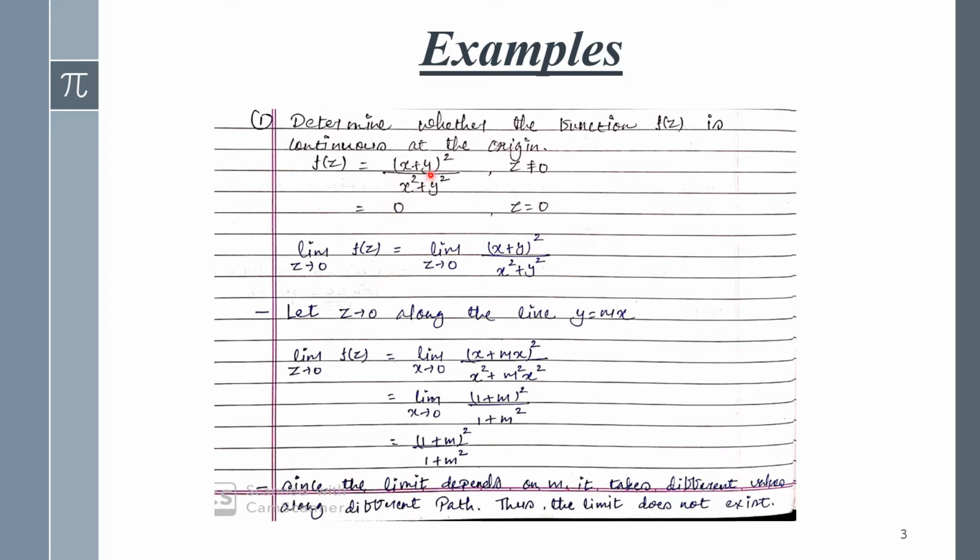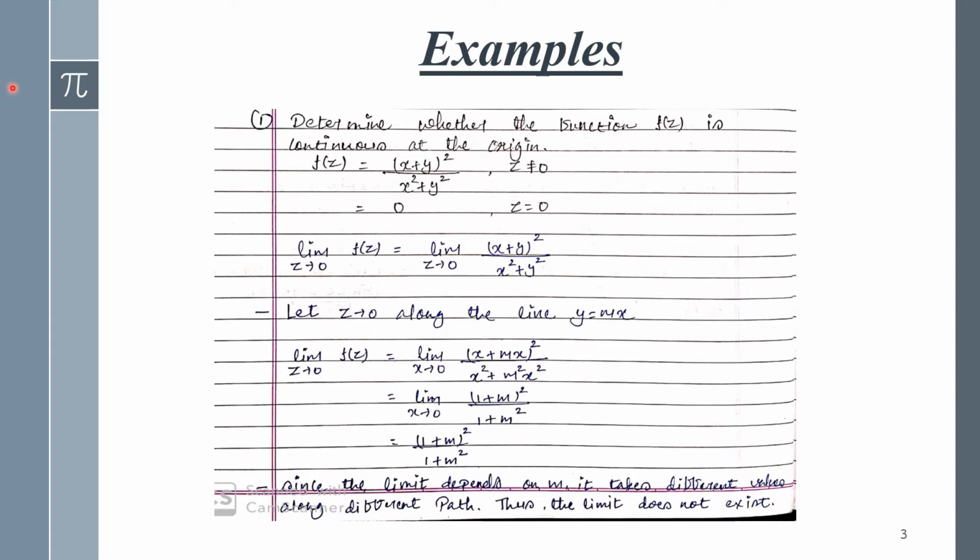At that time I said one function will be given for z does not equal 0 or z does not equal 1 or minus 1 etc., and the second one will be 0 for the point where the limit will be taken, like z equals 1, z equals minus 1, minus 2 etc. So here again you have to check, you have to put the limits. So I'm applying the limit z tends to z0, and here the point is given.